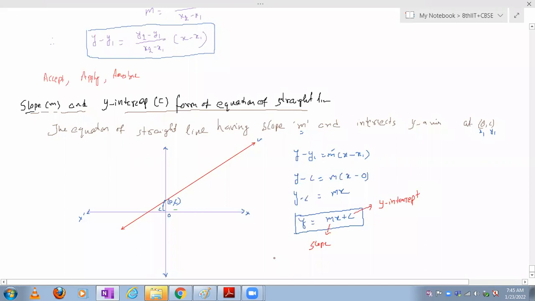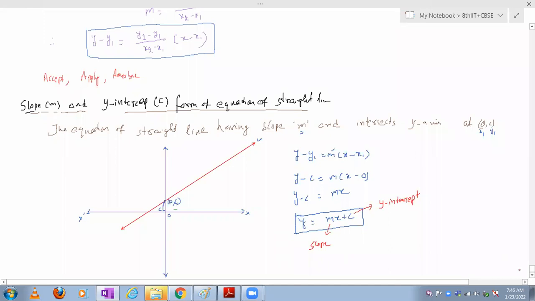Got it? Slope and y-intercept form of the equation of straight line. Let's see the intercept form of equation of straight line.